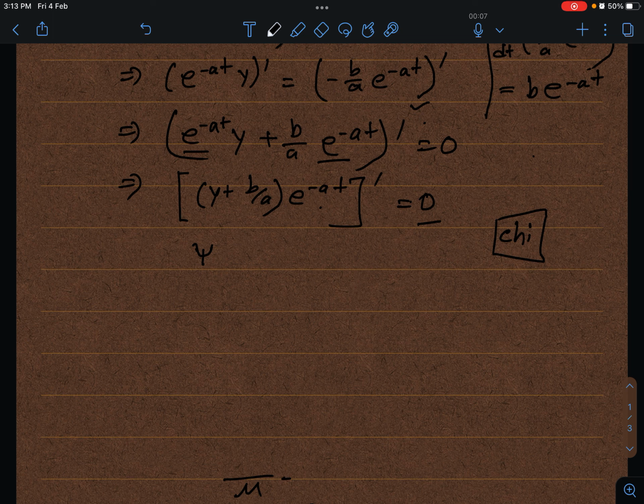Let's call this psi. Okay, so this is psi of t, y equals y plus b by a e to the power minus at. So this is the potential function because it potentially holds the solution for the unknown. Okay, so this is known as the potential function.